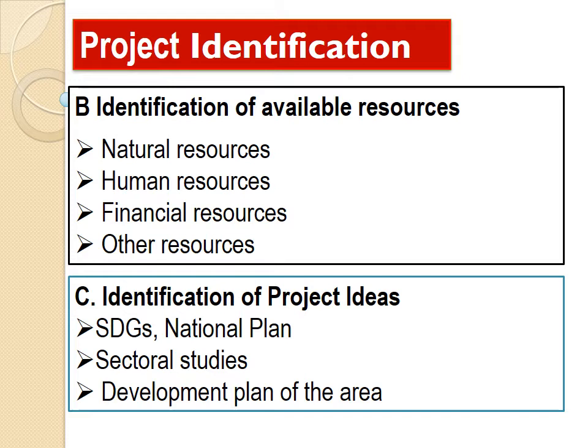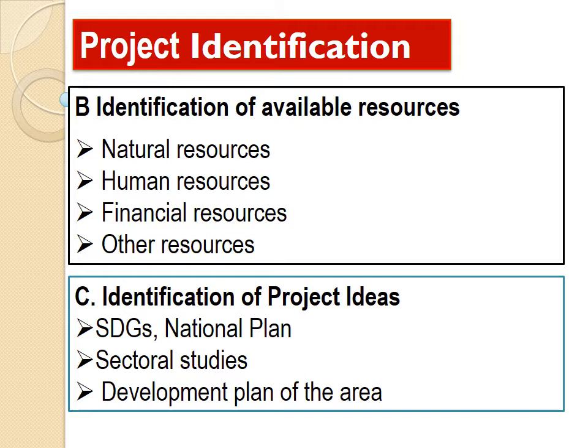Then, on the basis of the resources, we can find what we can do by using the potentials of these natural, human, and financial resources to solve the problems we discussed earlier. In addition, we ask what external resources we need for sustainable development. Ladies and gentlemen, the last step is the identification of the project.